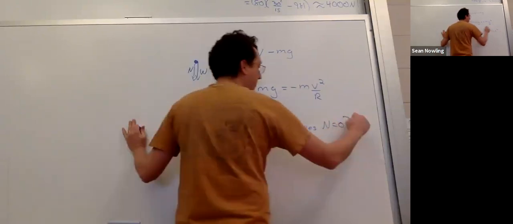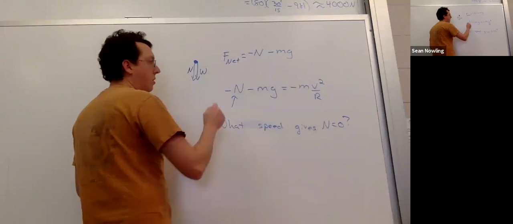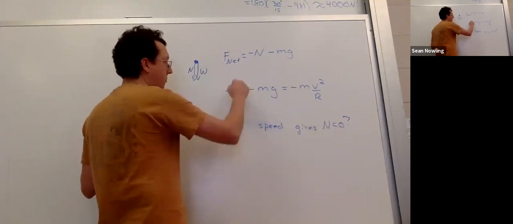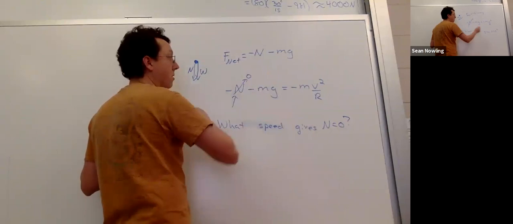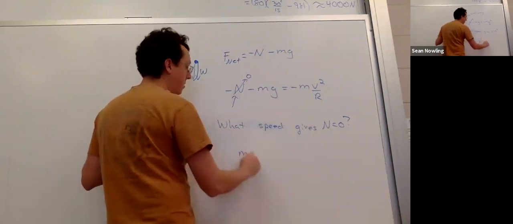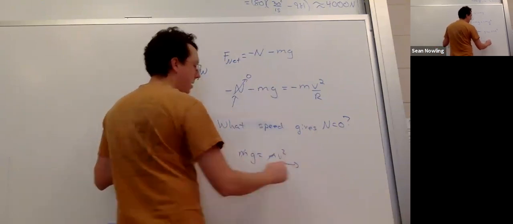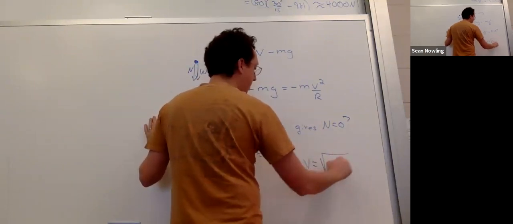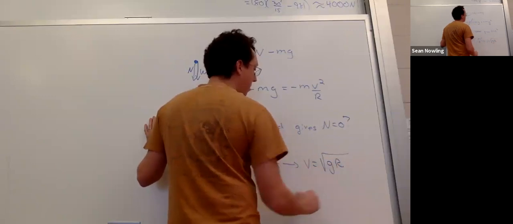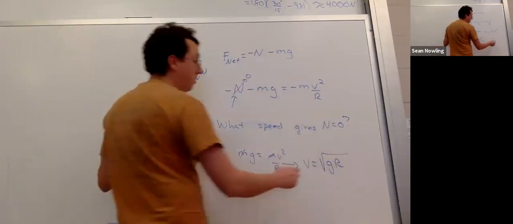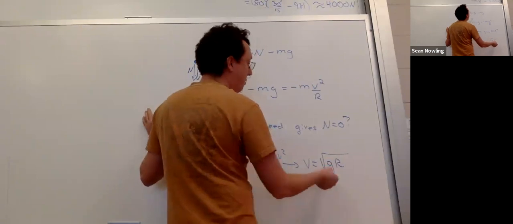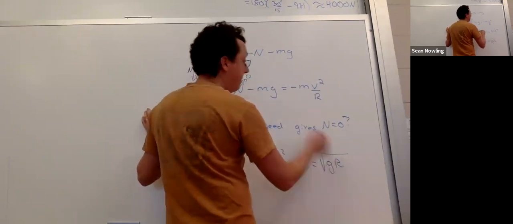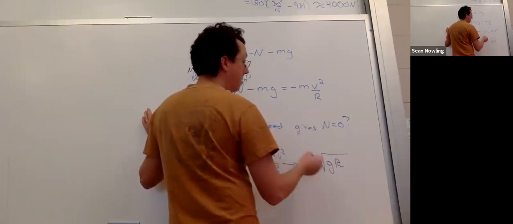Okay. So to solve for that, all we do is set the normal force to 0, and we just solve. V squared over r equals g, cleaning it up a little bit, we learn that v must equal, so the speed, the square root of g times r. And for this example, g is 9.81, r is 15. R is 15 in our circle.